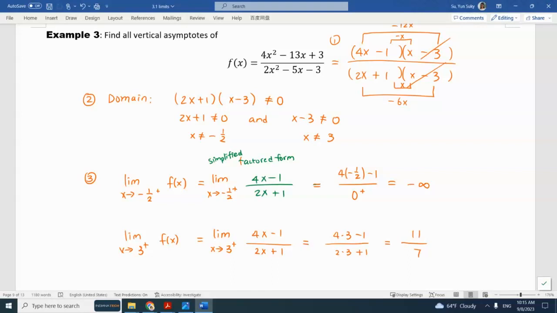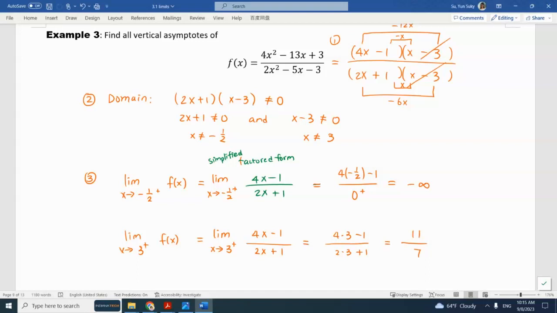So right now, you just go back and erase the plus. We do the plus first, and we get a number. That means you have to check both sides and make sure both sides don't go to infinity or minus infinity. Then you can confirm that there is no vertical asymptote.